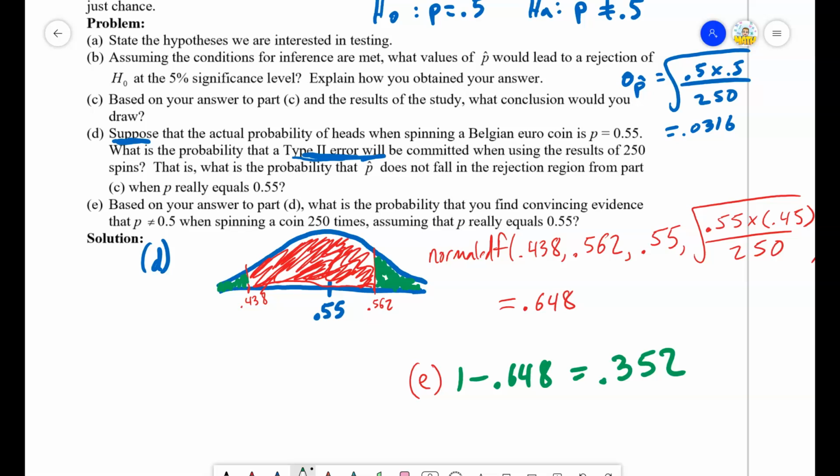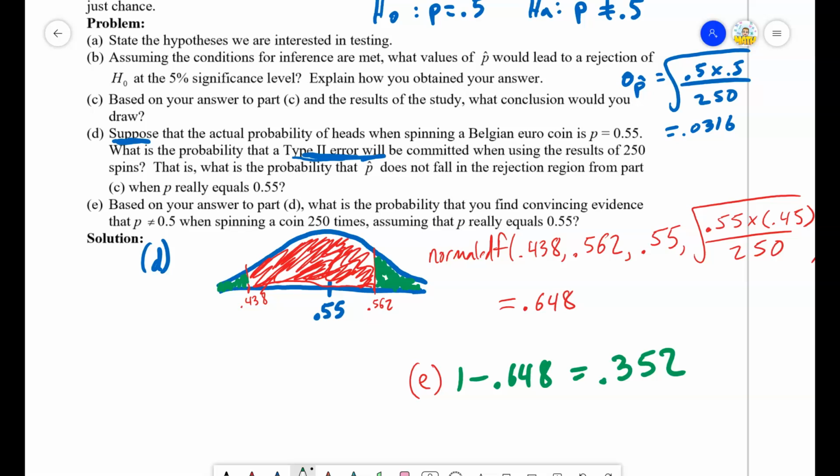That's going to be non-negotiable from the start. If you're more likely to reject the null hypothesis, then you're less likely to fail to reject it, right? So if you're less likely to make a type 1 error, then you're more likely to make the type 2 error, right? If you're more likely to reject a null, then you're less likely to fail to reject it, and vice versa. They kind of go against each other.